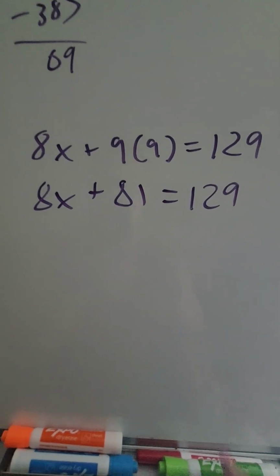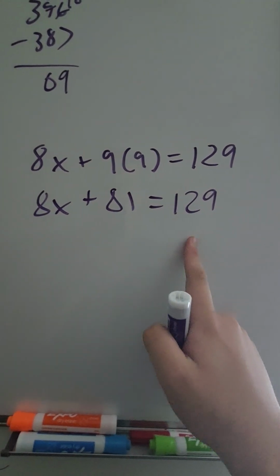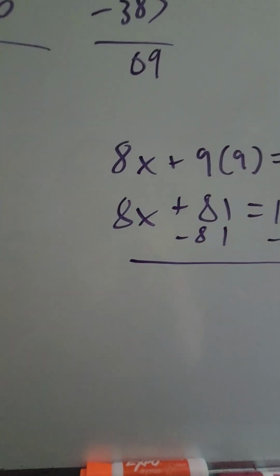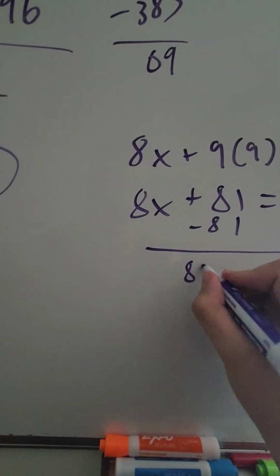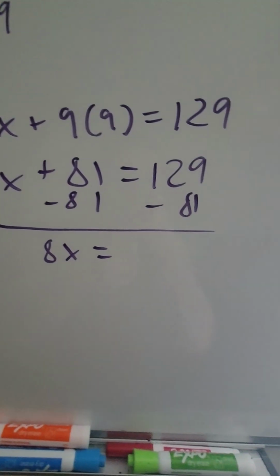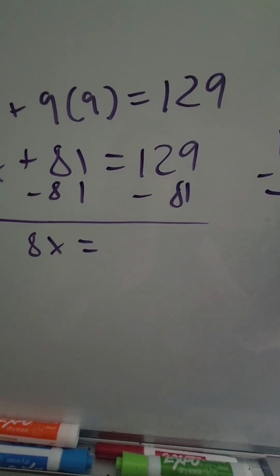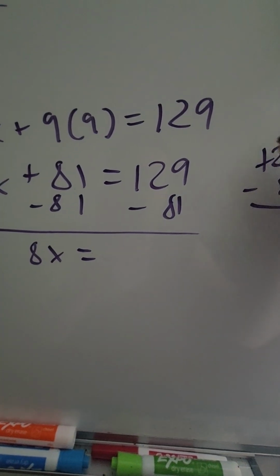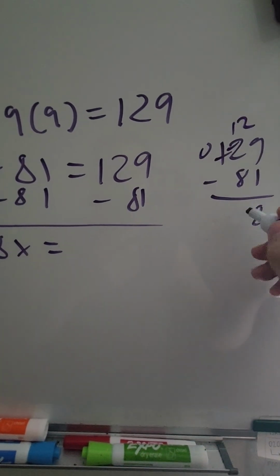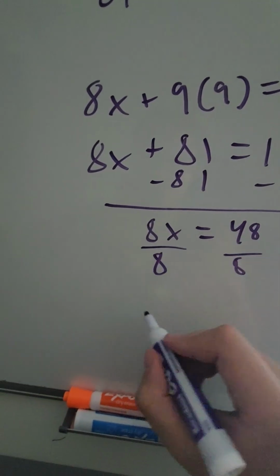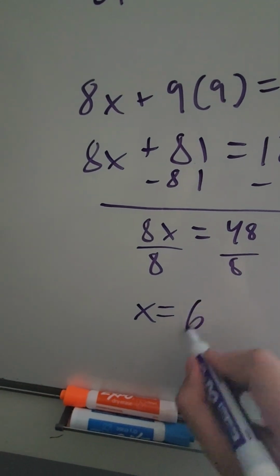Then this would be minus 81, and then that'll be 8x equal to 129 minus 81, which would be 48. Divided by 8, divided by 8. We see that x is equal to 6.